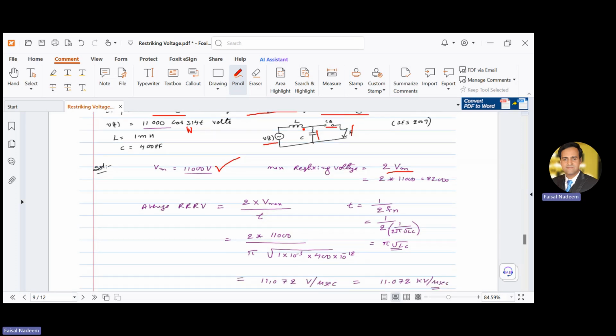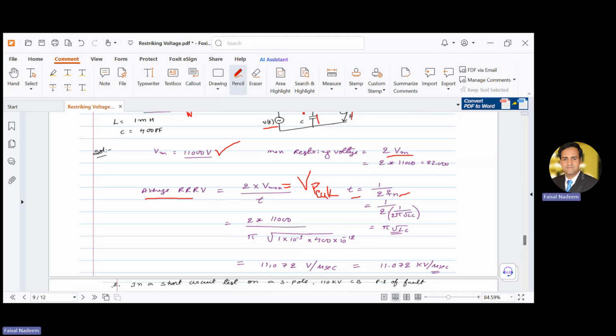The formula for the average rate of rise of recovery voltage is V peak divided by T peak. V peak is equal to 2 Vm, and T is equal to 1 over 2 Fn. Using this formula, we can get the value of T, and after putting in the values, T is equal to pi times the square root of LC.